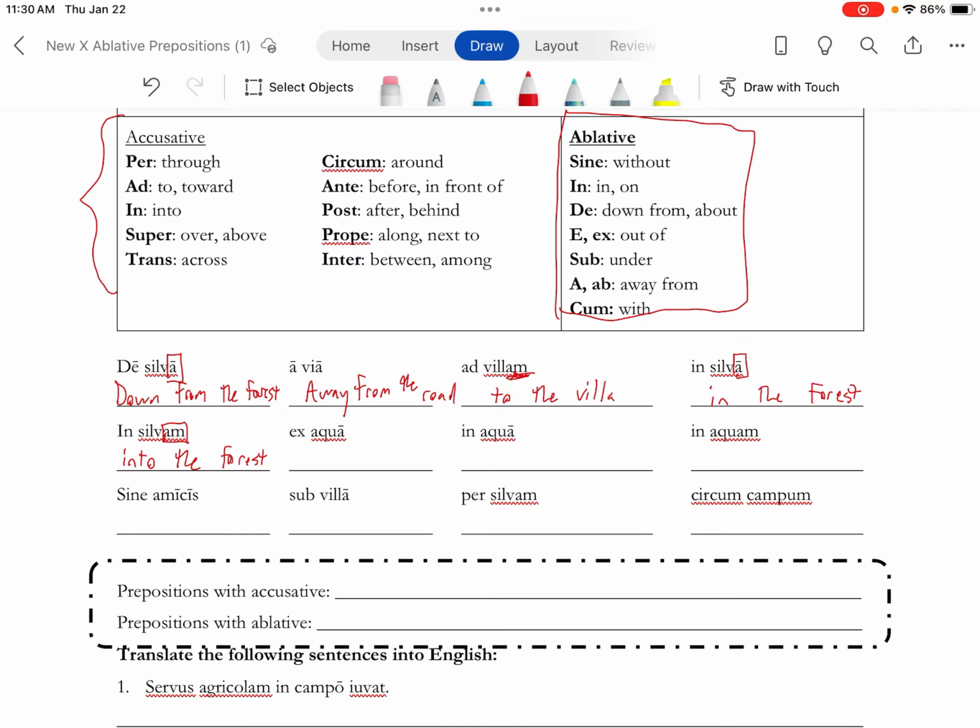Ex aquā, ex is out of, aqua the water. In aquā, that A is ablative, so it's going to be in the water. In aquam, AM is accusative, into the water.